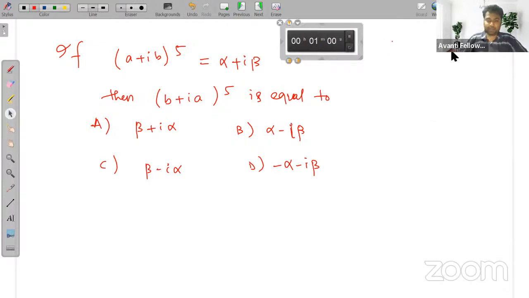Try to solve it. And I'm launching the poll also. Just respond in the polls. Which option is correct? Option A is correct.